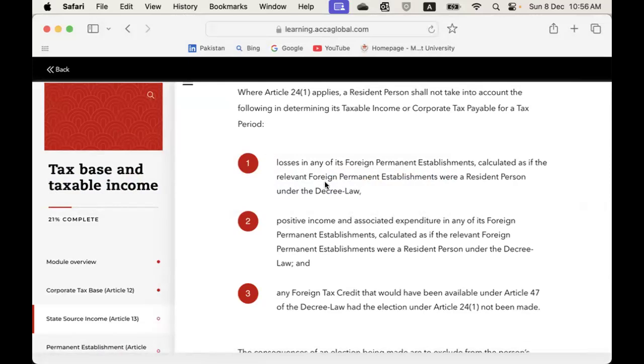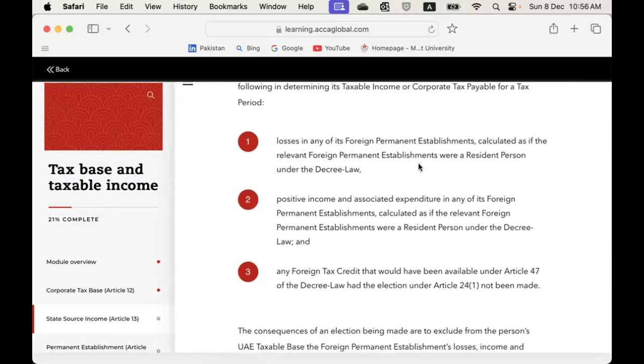Okay, great. So going forward with Article 24, foreign permanent establishment, where the foreign PE exemption applies, the resident person shall not take into account the following in determining its taxable income or corporate tax payable in a tax period.